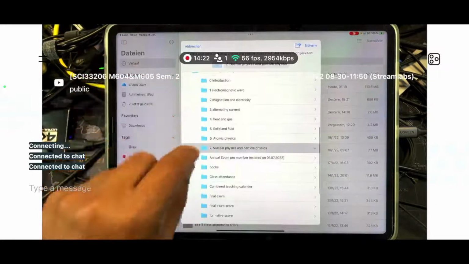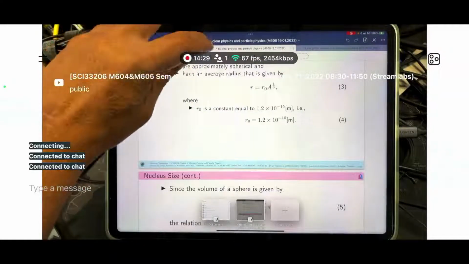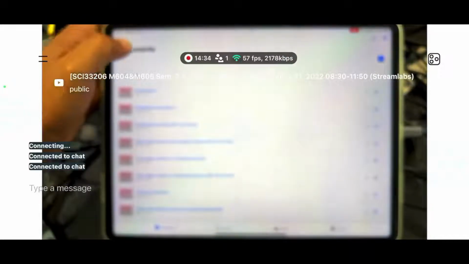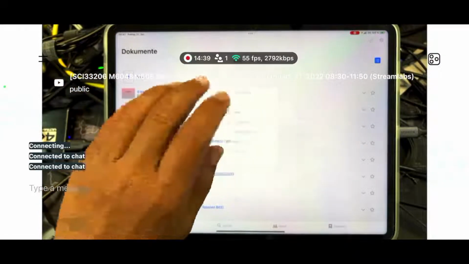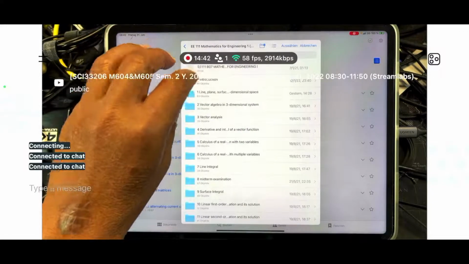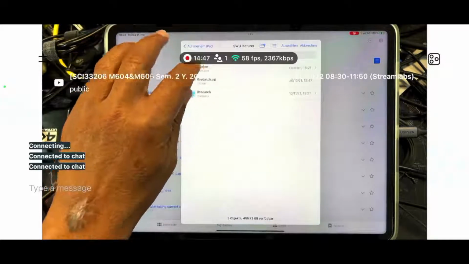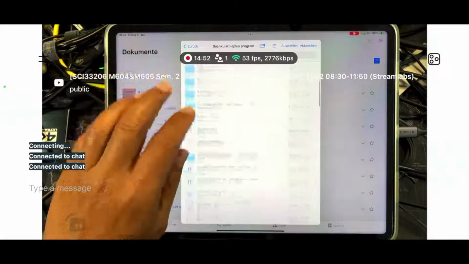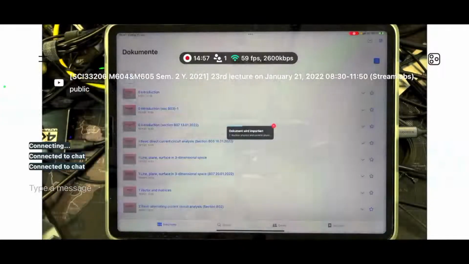We open a new version of the file, and we import something in the lecture, the 7th chapter, right?